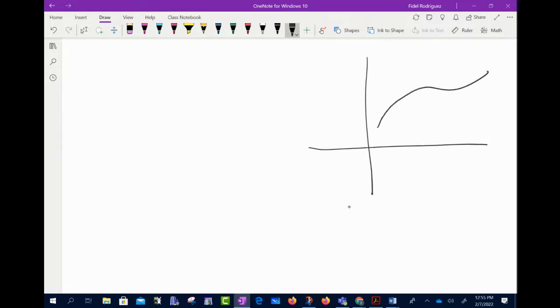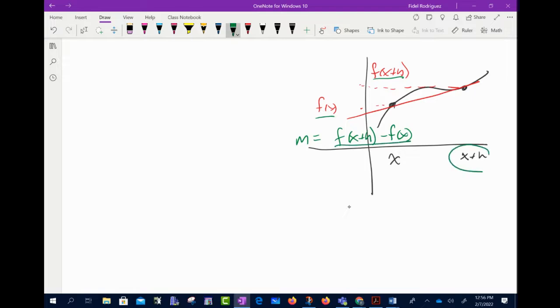If this is what my graph looks like, and this is the value of x, and this is the value of x plus h, then this value up at the top would be f of x plus h, and this value here would be f of x. To find the slope, I take the difference in the y coordinates divided by the difference in the x coordinates. The space between is h.